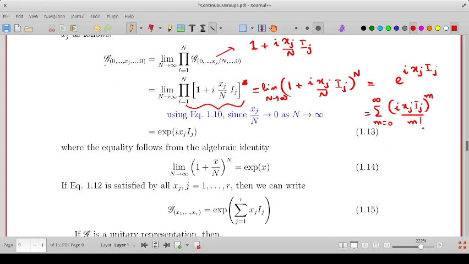So we see that for a finite value of the parameter xj, since it is a Lie group, we can write g corresponding to xj as simply the exponential of i xj ij. Remember, here we have only varied the jth parameter xj.